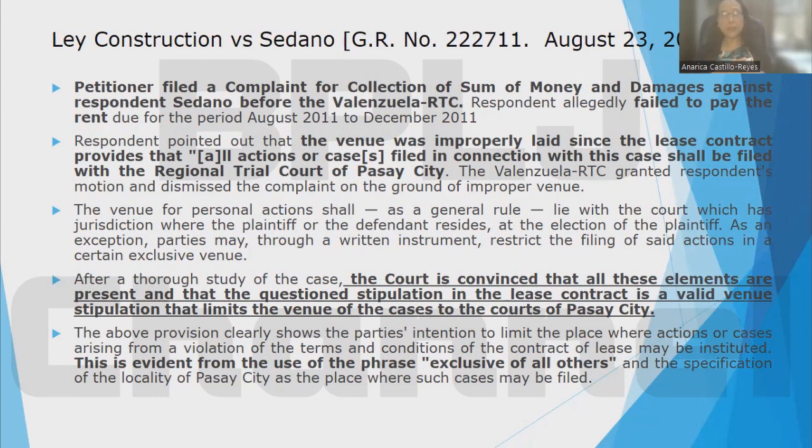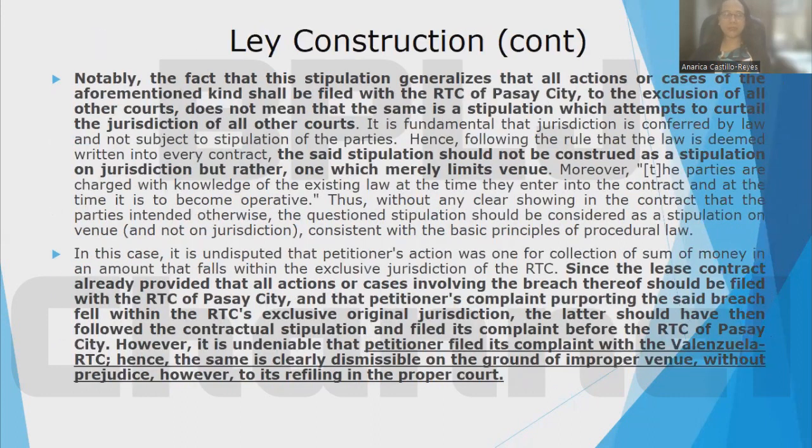The Supreme Court held that the court is convinced that all these elements are present and that the questioned stipulation is a valid venue stipulation that limits the venue of the cases to the courts of Pasay City. This is evident from the use of the phrase "exclusive of all others."